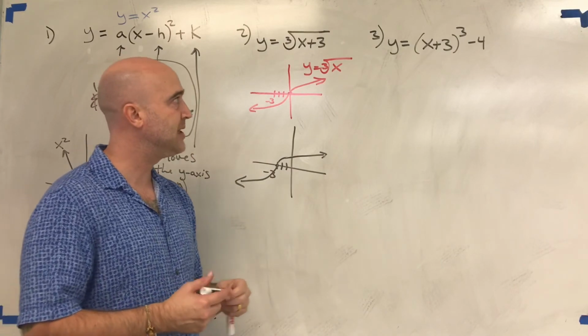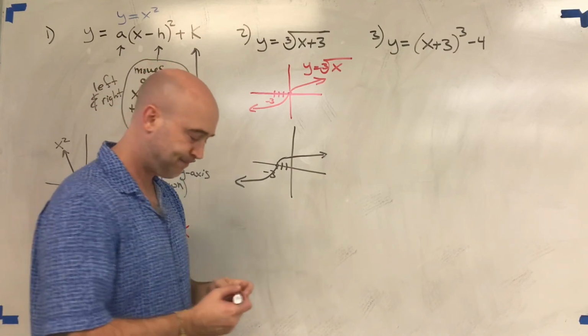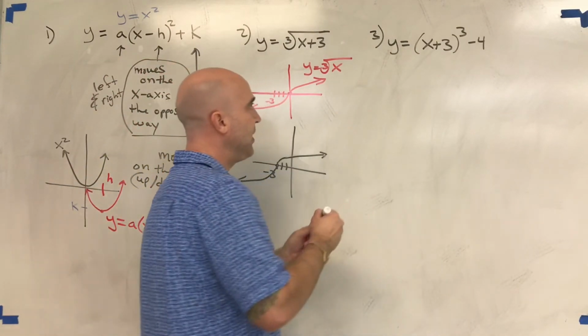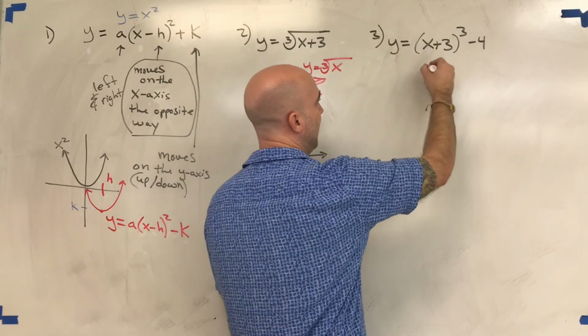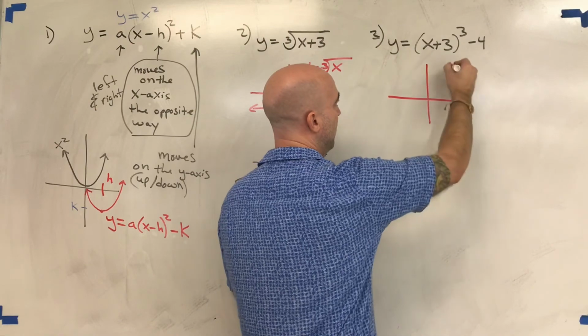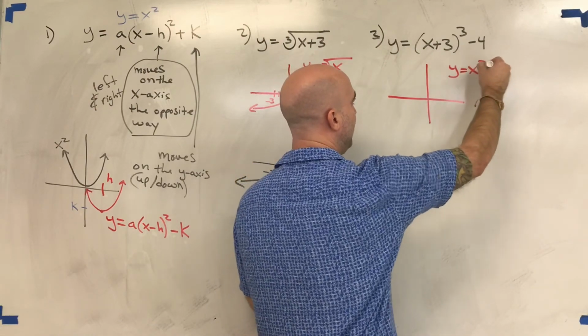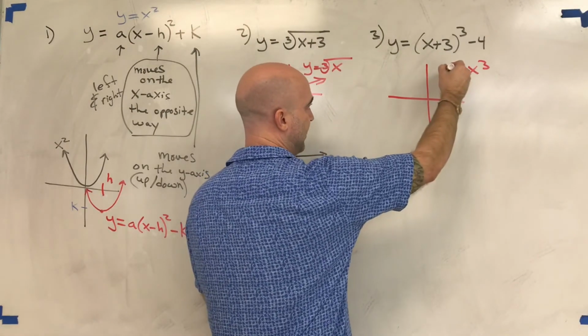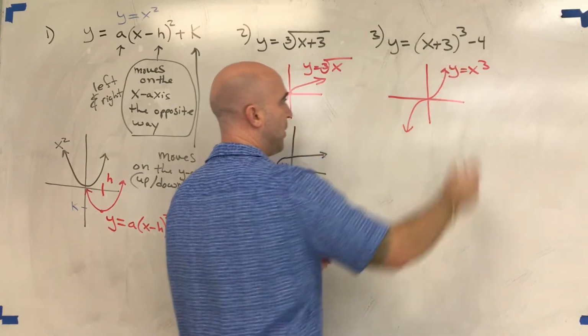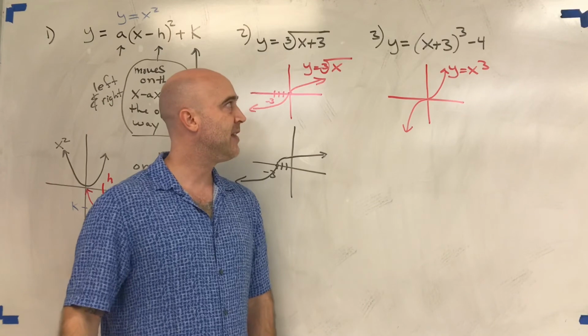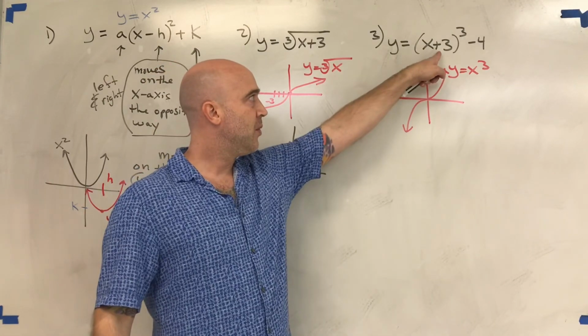So do you remember what I said to start out with? We start out with the parent function. What's happening to x here basically? Well, basically here this is a y equals x cubed equation. X cubed has that action going there for the parent function. And then what's the effect here?